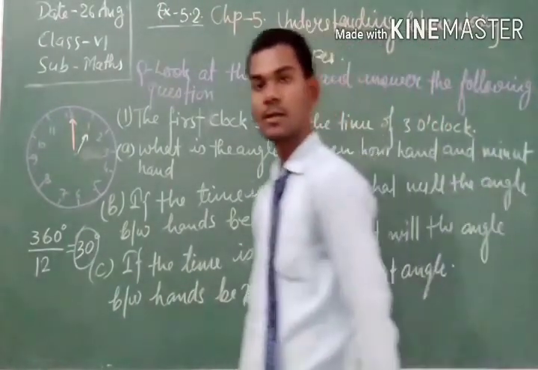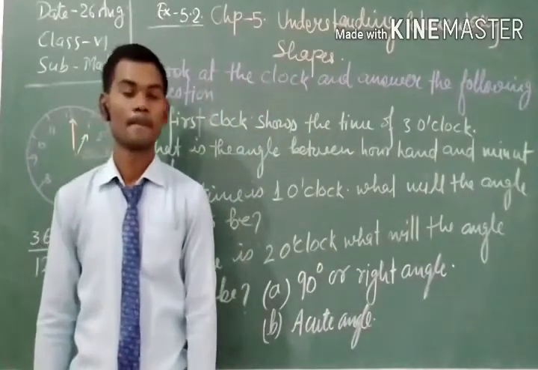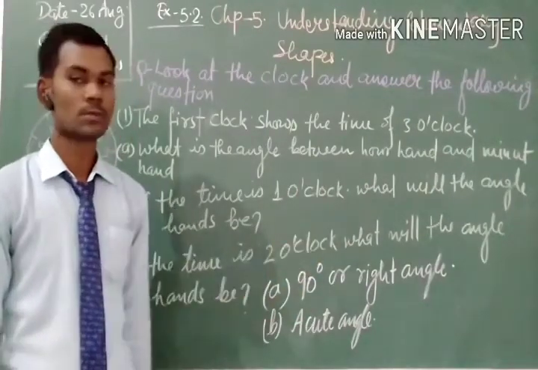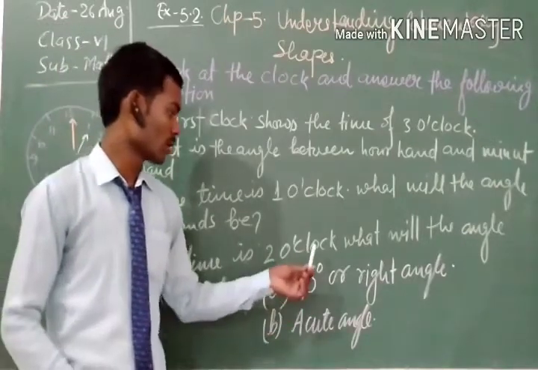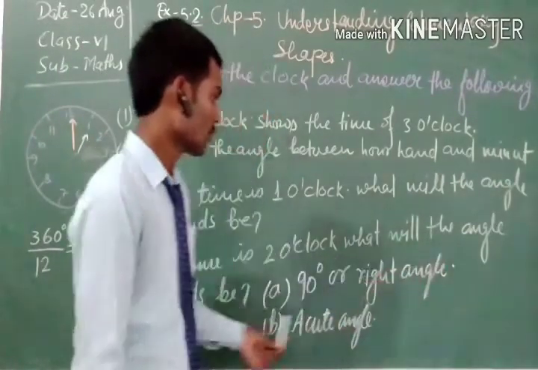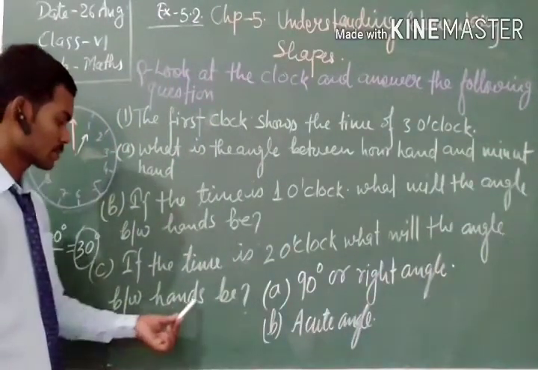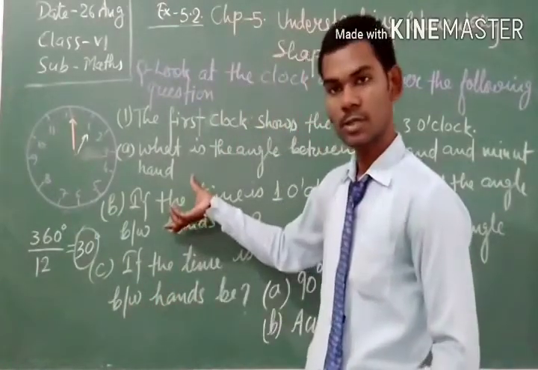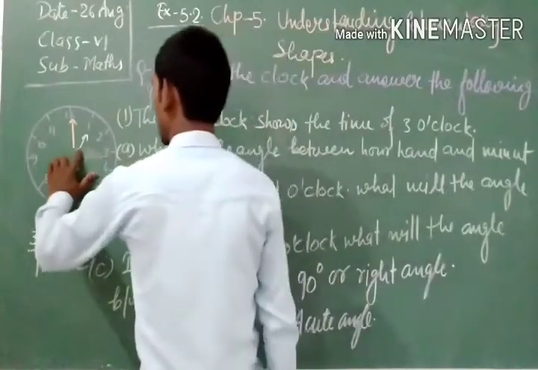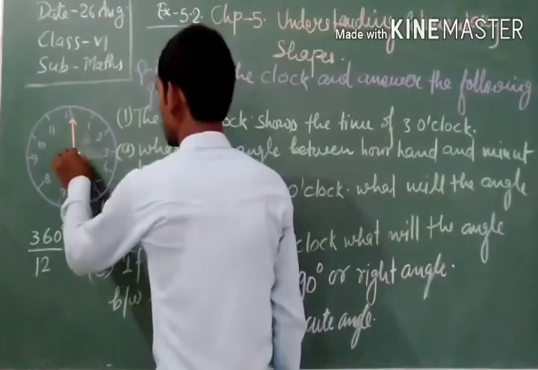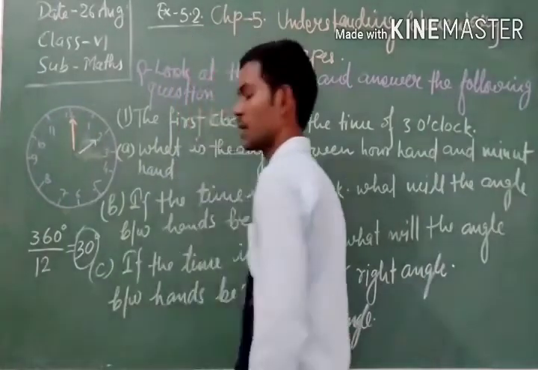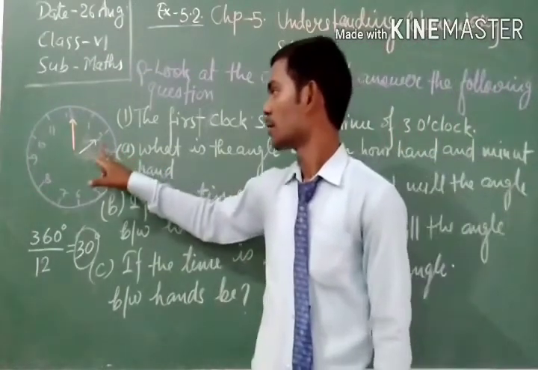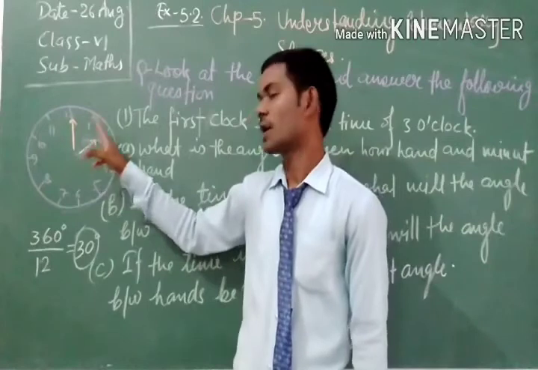I hope it is clear. Now let us see the next. What does the third question say? If the time is 2 o'clock, then what will be the angle formed between the hands? This question is just like the second question. If the time is 2 o'clock, the hour hand indicates the number 2, and the parts between 12 and the hour hand are 2.